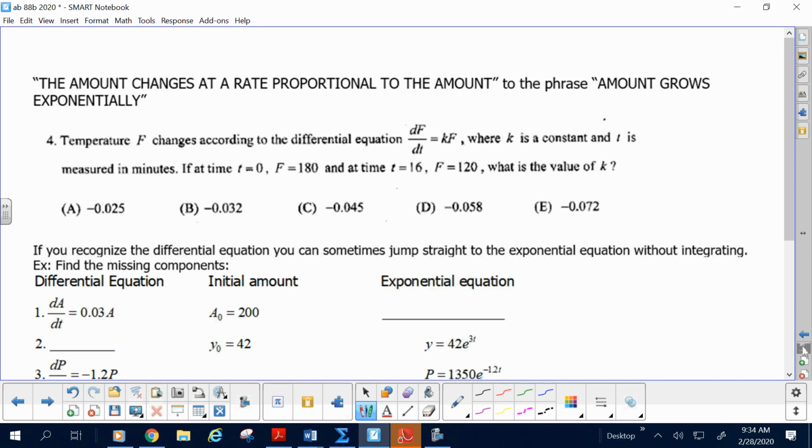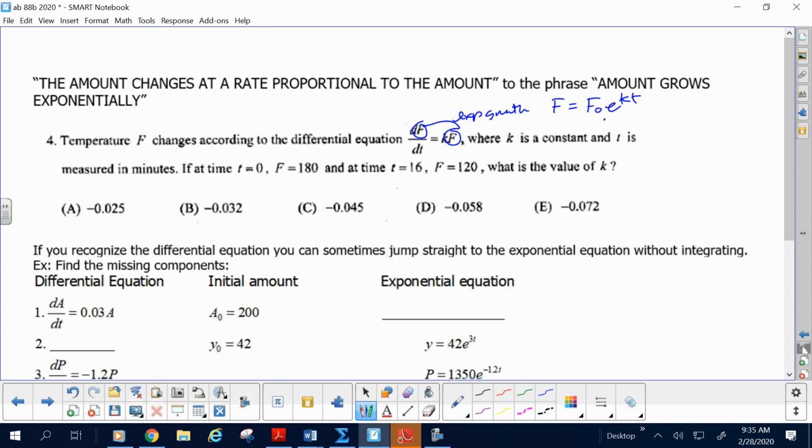And right away my eyes light up because that is the rate of change in f relating to f itself and tells me exponential growth. And so that implies right there that f is f initial e to the kt. The variable could change from problem to problem. It might be y, it might be p, it might be a, it might be k. In this case, it's f. That's the same idea. You follow?